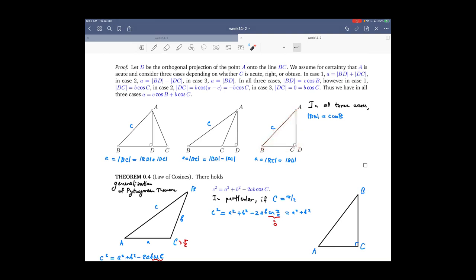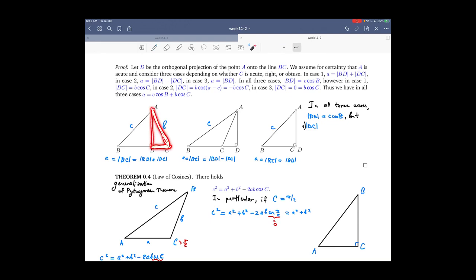What's different is the expression for DC. If we write the expression for DC in case 1, DC simply is b times cosine C in this triangle.